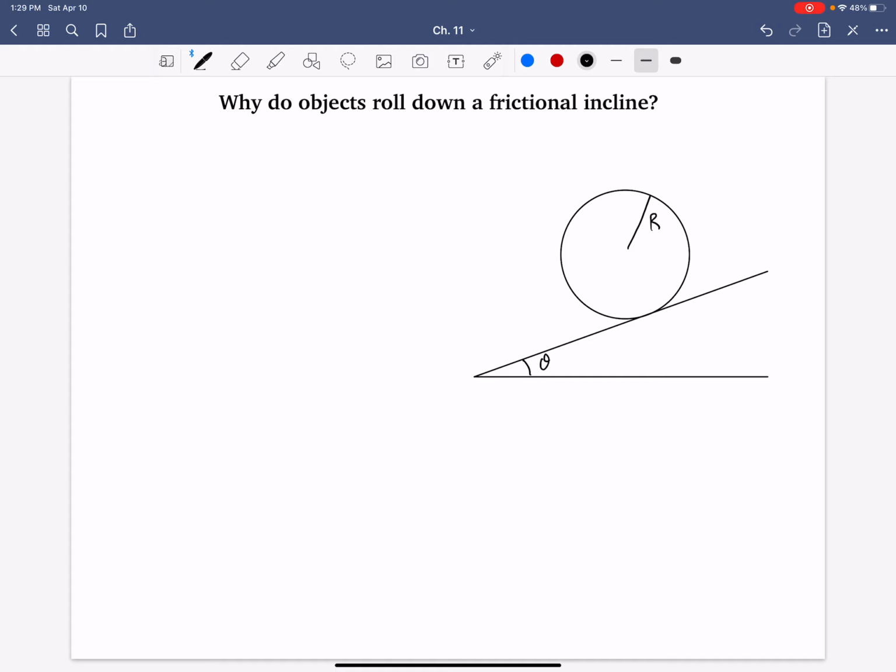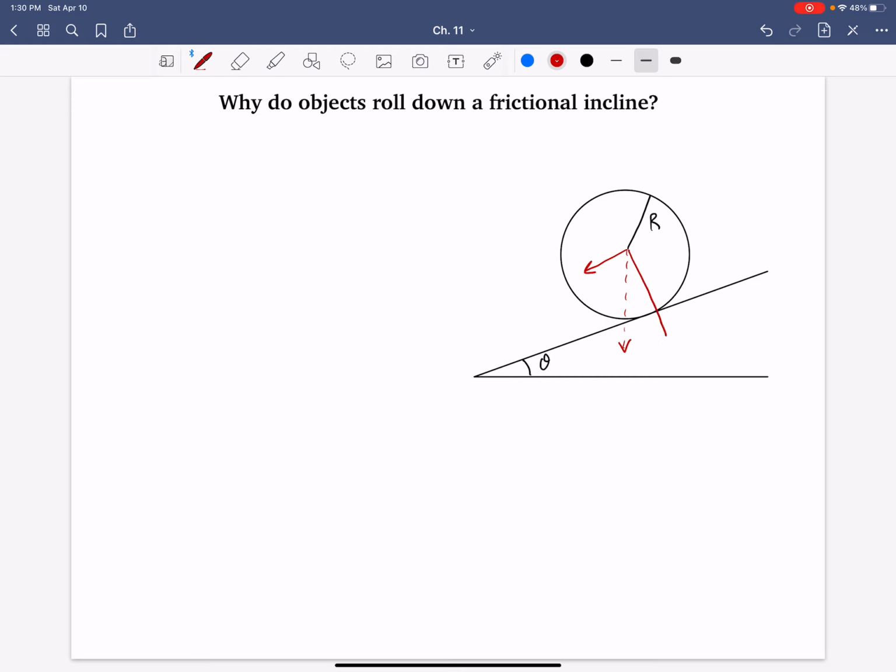To do that, we need to reach back to chapter 6 and do a free body diagram analysis. That means we need to determine the forces on this ball. Well, there's always gravity. I'll make that a dotted line because we'll need to break that force into its components: one component parallel to the incline, and one component perpendicular to the incline.